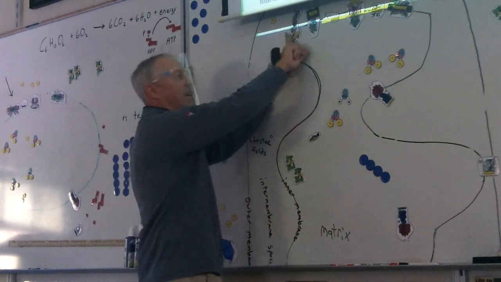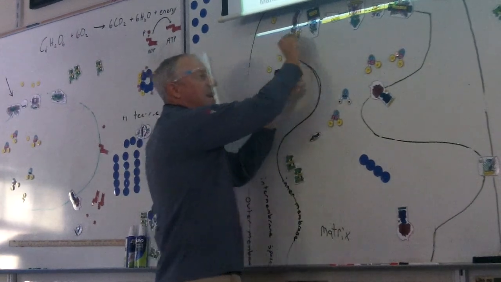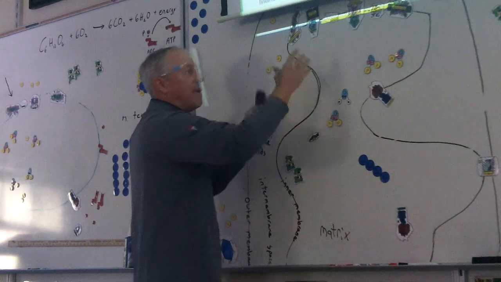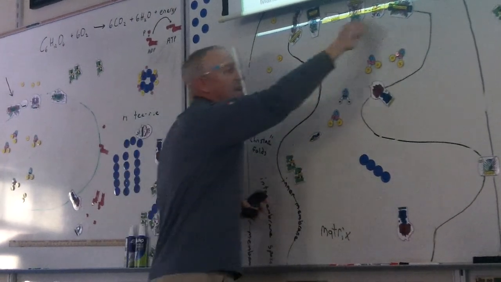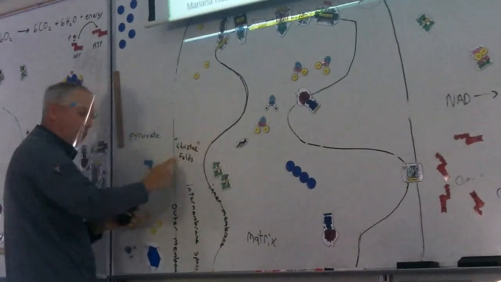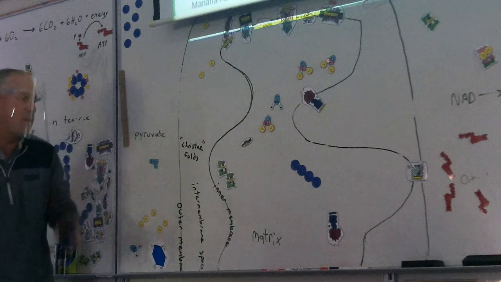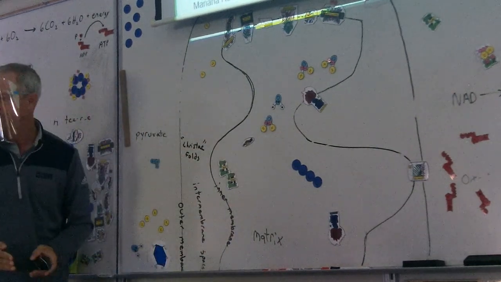And I have shown an electron transport chain right here that's going to move electrons along and help make ATP. Well, I'm just showing one electron transport chain. There are electron transport chains all over this thing. And so the more folds you have, the more surface area there is to hold more electron transport chains.